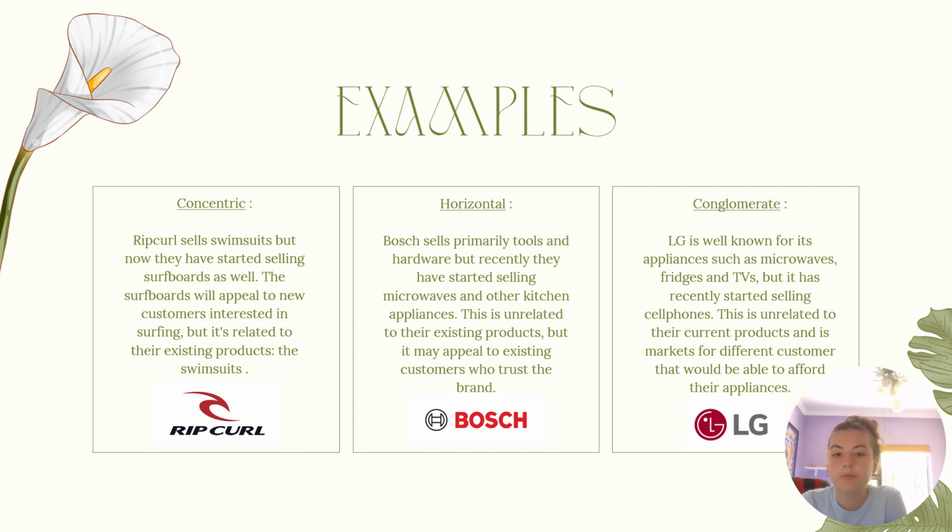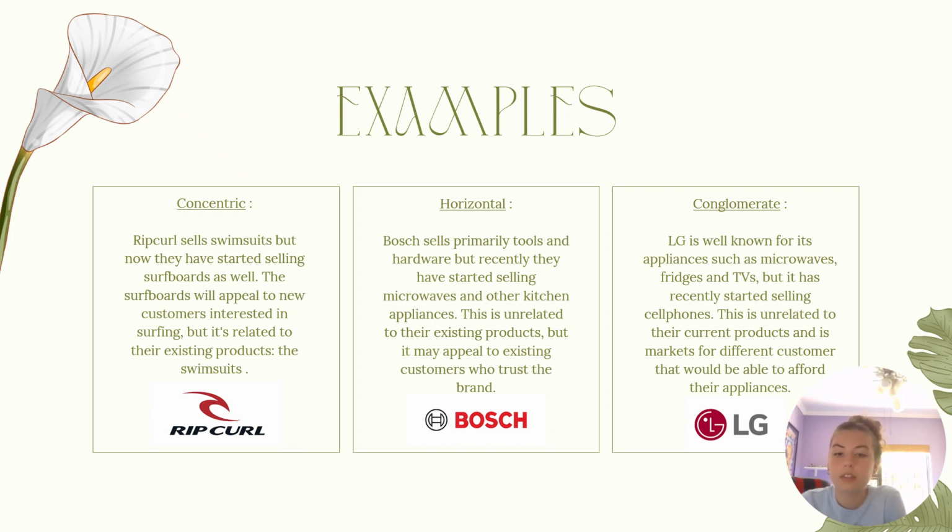unrelated products. And then for a conglomerate, we look at a brand like LG. LG is well known for its appliances such as microwaves, fridges, TVs, etc. But it's recently started selling cell phones. This is unrelated to their current products, which is big household appliances.